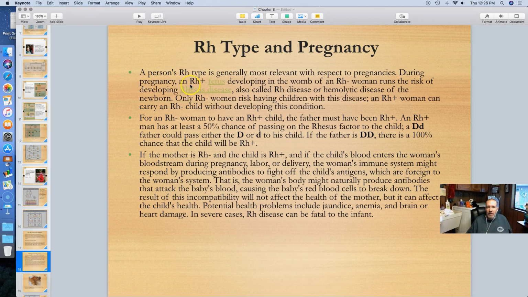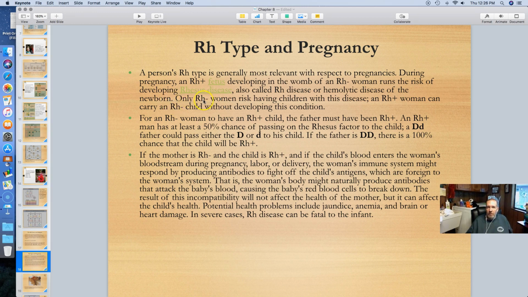During pregnancy, if an Rh positive fetus happens to be developing inside a woman who is Rh negative, then that woman runs the risk of developing a certain disease, a hemolytic disease, in the newborn.